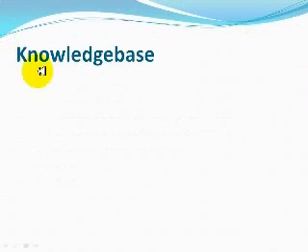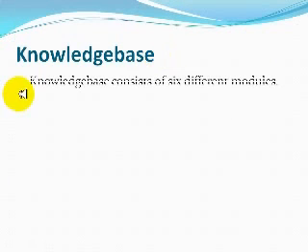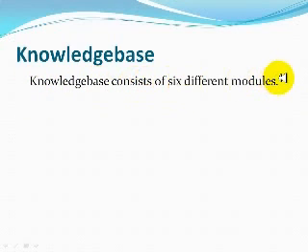Now we are going to consider the knowledge base of the system. This is the most important part of this expert system. In other words, this is the place where the declarative languages are used. So here we are going to consider it in detail. First, let's see how it is implemented.